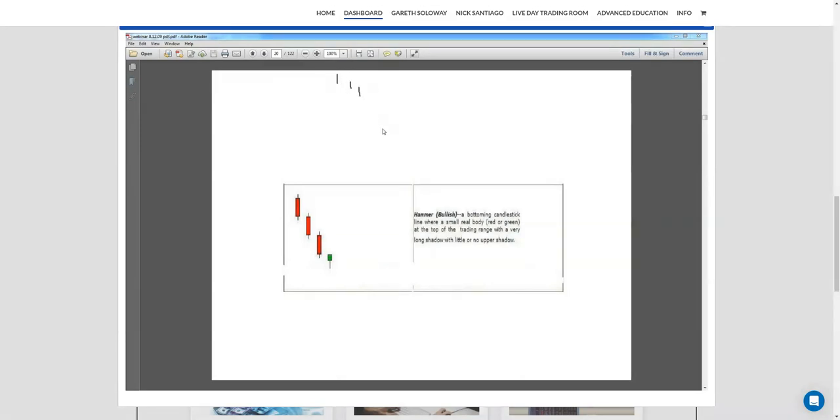Let's do it this way. One, pivot high, right up here. 1, 2, 3, 4, 5, 6, 7, 8, 9, 10, 11, 12, 13, 14. 14 bars down with a hammer and a secondary factor.